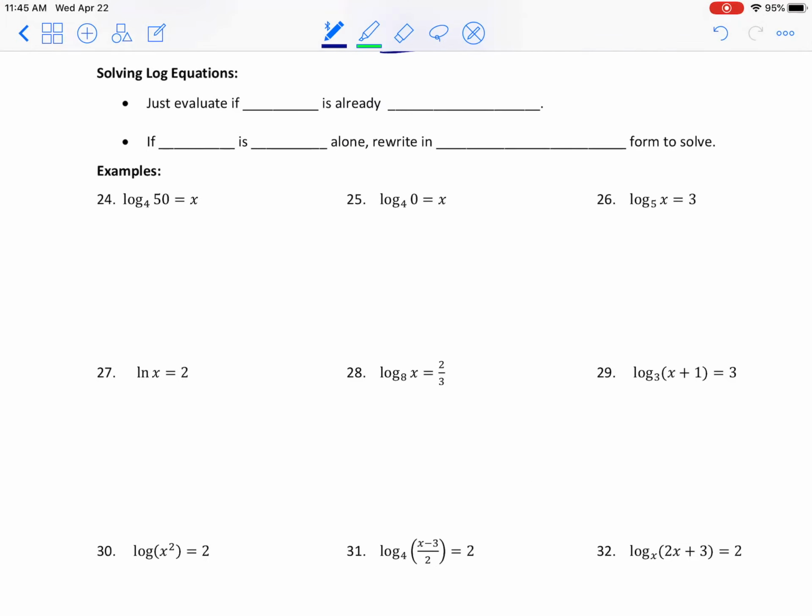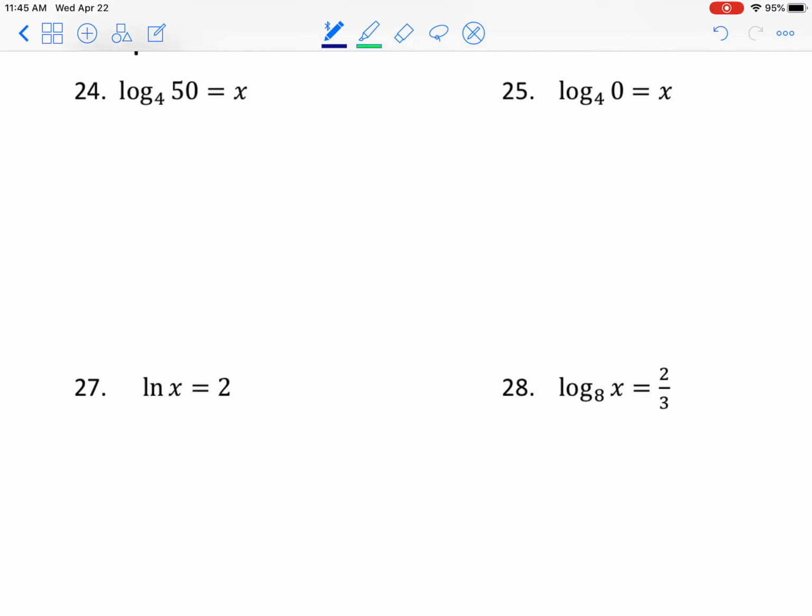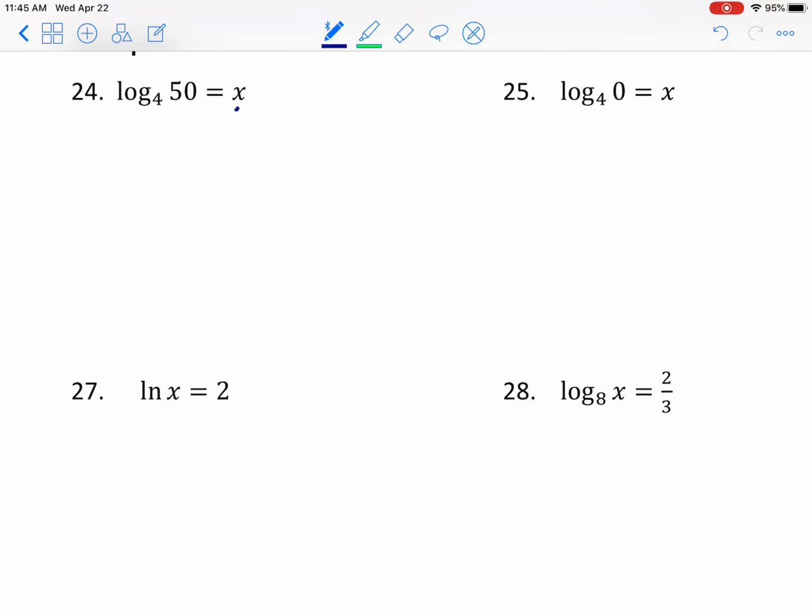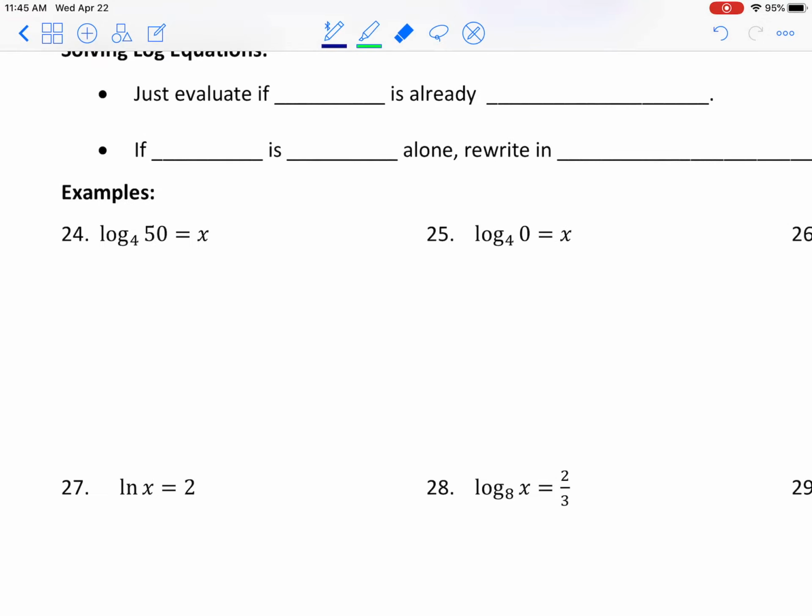And there it is. Okay, so we can use logs to solve exponential equations, and we can also use the rewriting option to solve log equations. Sometimes our log equations can just be evaluated. Look at number 24, for example. That's technically a log equation, but we don't have to do any solving because x is already by itself. So all we're doing is evaluating what we have on this side of the equation.